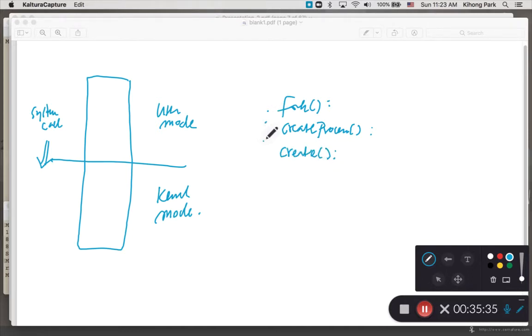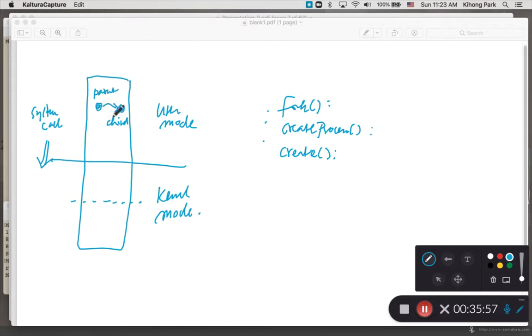So different system calls that trap down and then perform the act of process creation, so that this process becomes the parent who then forks a child. So a parent process creates a child process. This is the way that things are done through system calls.